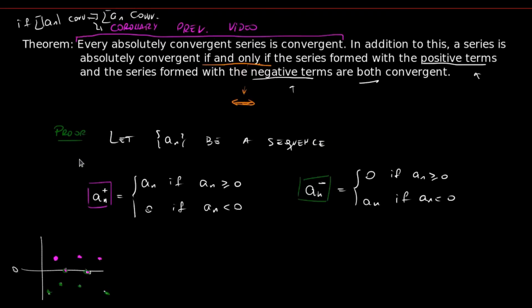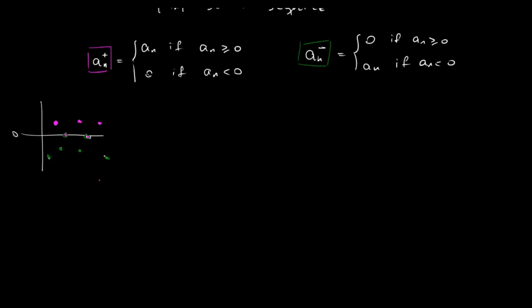Now, as I said before, we have to prove an if and only if. We have to say that if both the positive and negative converge, then the series is absolutely convergent. Let's do that one first. We have that if the series of the positives and the negatives converge, let's see what happens with the one with the absolute value.